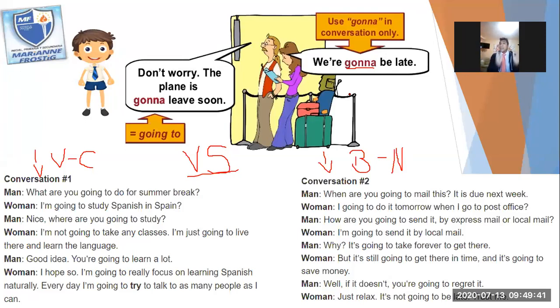For example, wanna: want to is for writing. For speaking it is wanna. Hey, I want to go to the party. Hey, I want to have a boyfriend or girlfriend. Speaking is wanna or wanta. Those are the contractions.